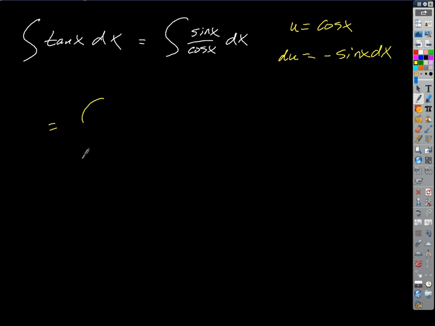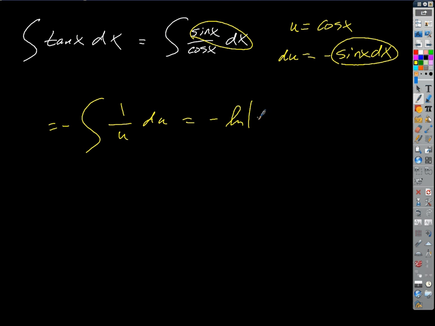And so I've got a sine x dx, so that's negative du, and then I've got a 1 over cosine, which is a 1 over u. Works out. So what's the answer to that then? Right, and then we'll reverse our substitution. And so we end up with negative log absolute value cosine x plus c.